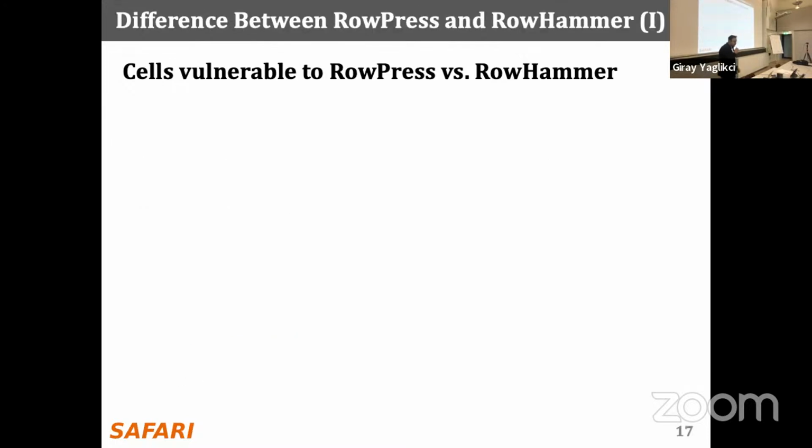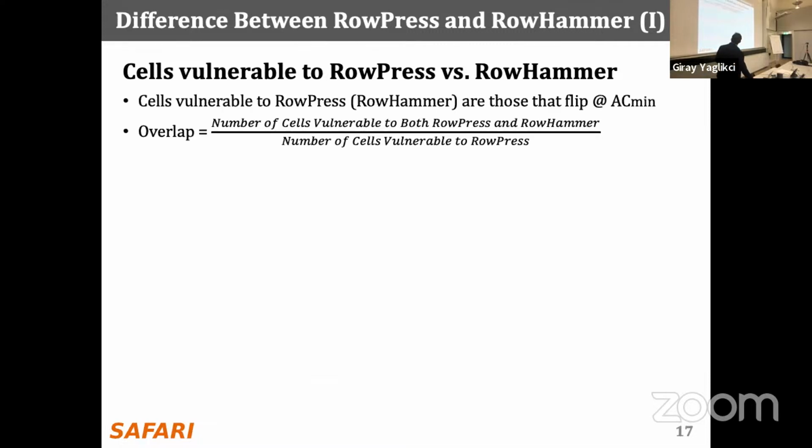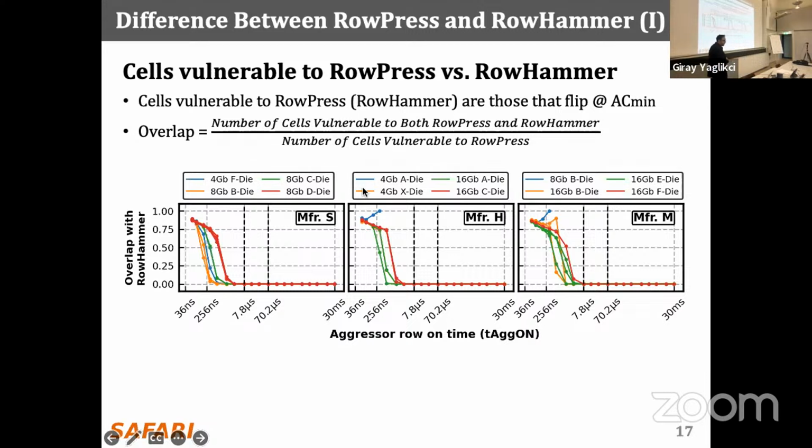Okay, let's look at the difference between RowPress and RowHammer. We look at the cells vulnerable to RowPress and RowHammer in this plot. We calculate the intersection between RowPress vulnerable cells and RowHammer vulnerable cells. This overlap is the fraction of the intersection over union, right? Here you can see that we have a large population when the aggressor row on time is low, and as you increase it, it suddenly goes to values very close to 0.